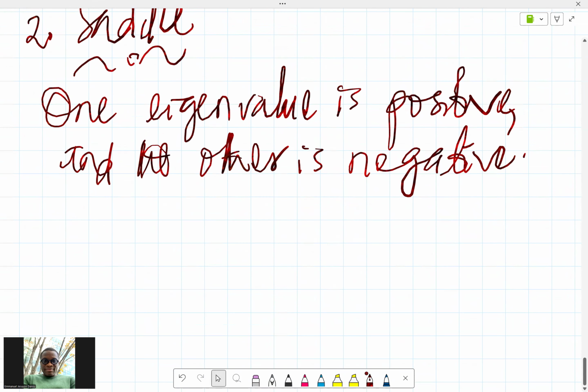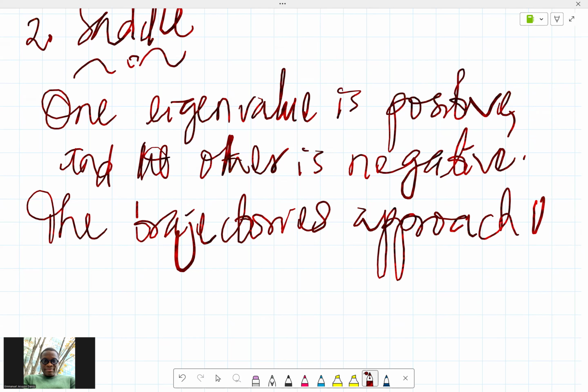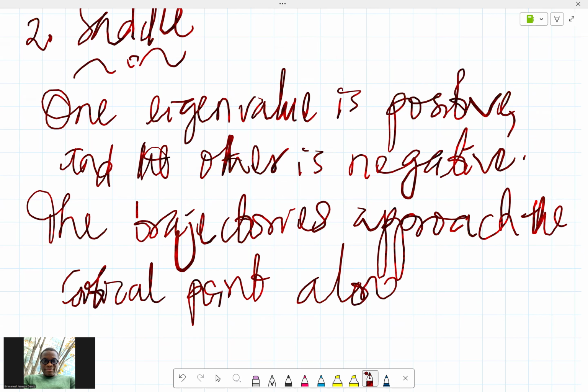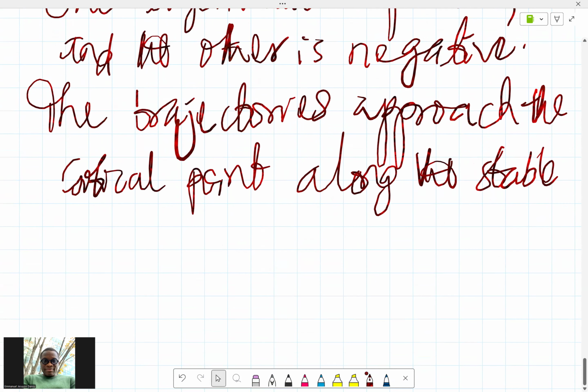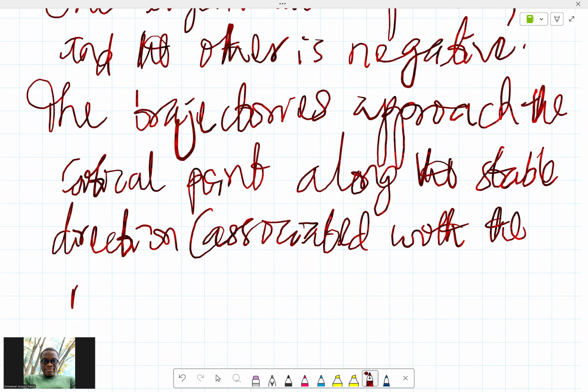So the trajectories approach the critical point along the stable direction, and that is associated with the negative eigenvalue. The negative eigenvalue gives the trajectory approaching the critical point.